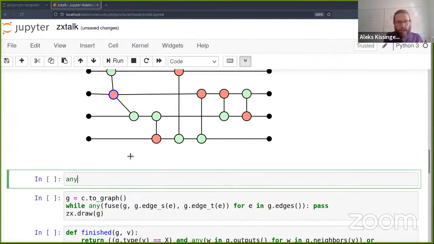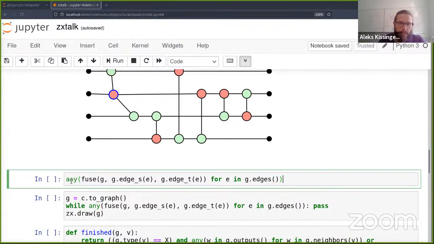For instance, I can say any, and let's see, fuse G with G.edge_source(e), G.edge_target(e), let me get my brackets right, for e in G.edges. Okay, so this any is basically like a big OR, right? It's ORing over all of the e in edges. And the first time something returns true, it's just going to do it and exit.